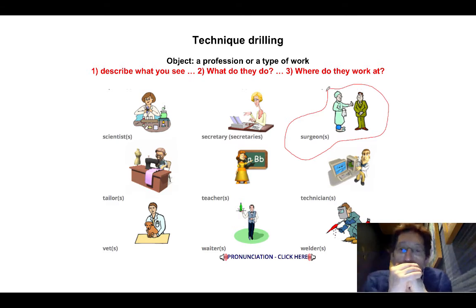Oh, surgeon. Okay. I see two men, and one of them is wearing a green uniform and a green hat that covers his hair, and also special shoes.